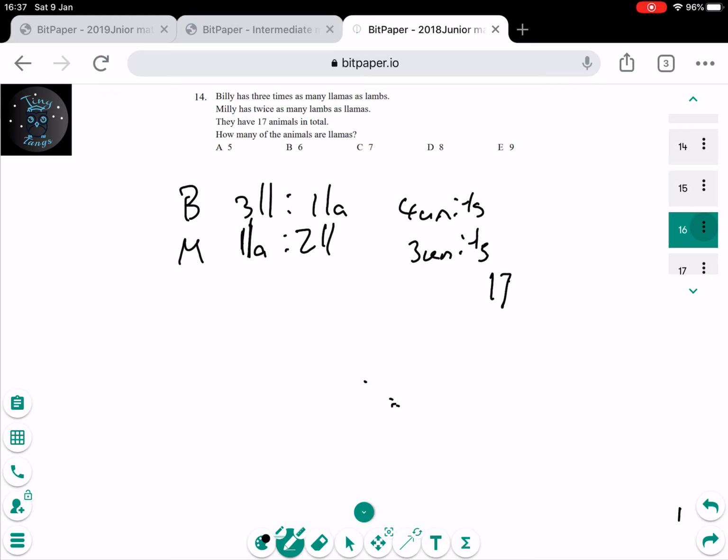So for example, for Billy's numbers, you have to split it into something that is a multiple of 4. And for Millie's things, you have to split it into something that is, let's say, a multiple of 3. Yes, because it's 3 units.